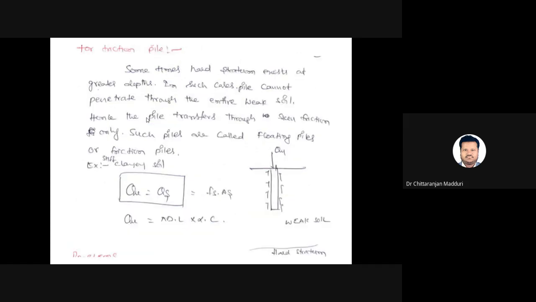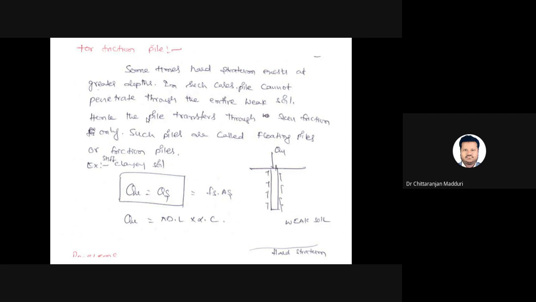So for friction piles, sometimes hard stratum exists at greater depths. In such a case, the pile cannot penetrate through the entire weak soil. Hence, the pile transfers load through skin friction only. So such piles are called floating piles or friction piles.